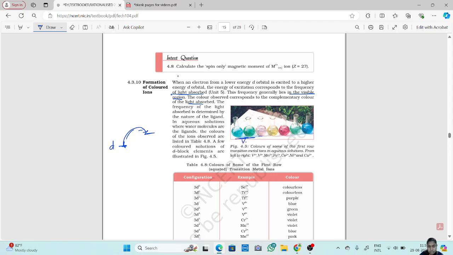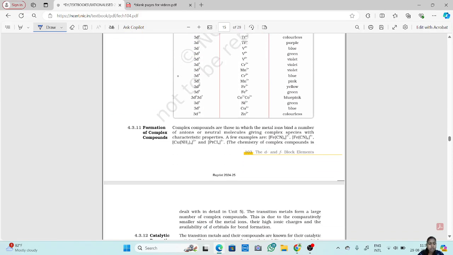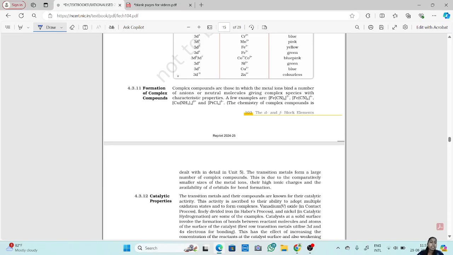This is manganese. Yellow color is for iron. This reddish color is for cobalt. Greenish is for nickel, and as usual this blue is of copper. Now next is the formation of complex compounds.